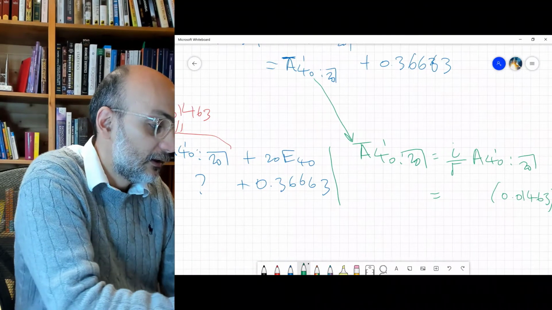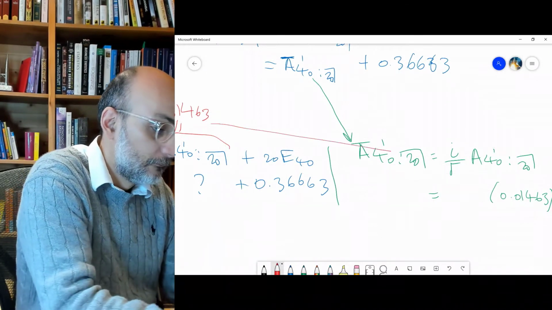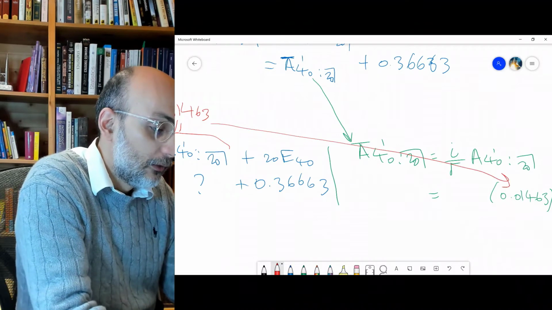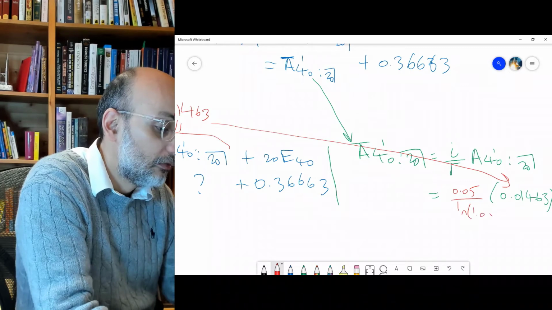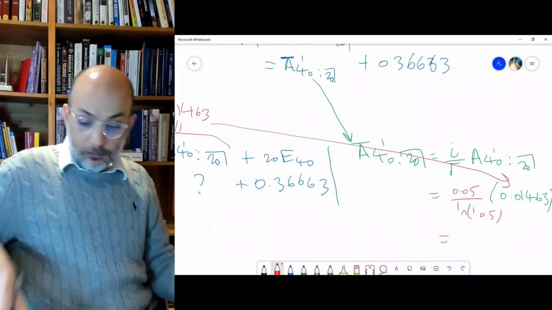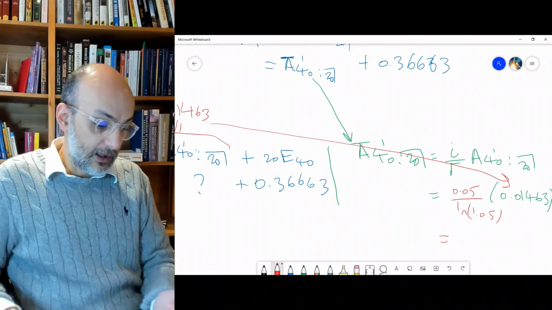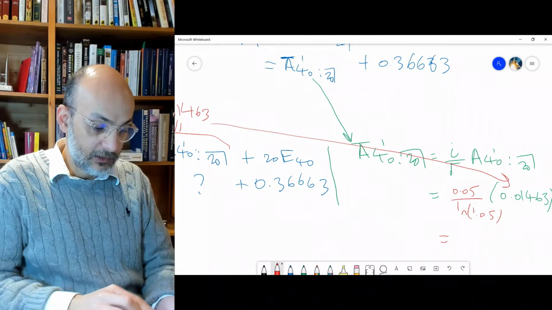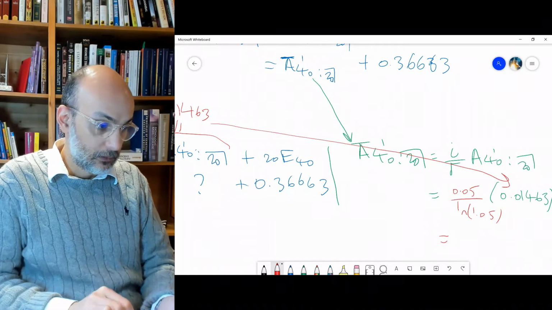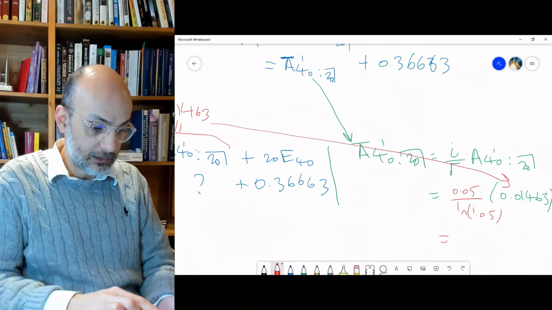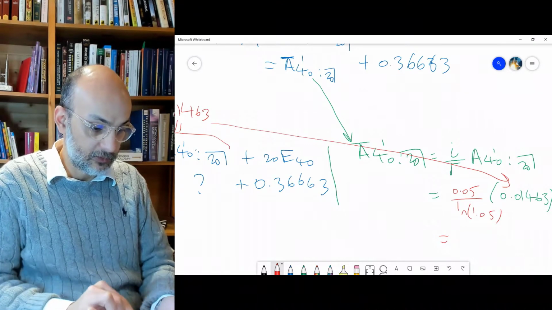We already calculated it from here. Now i is 5% divided by ln 1.05. So let's calculate 0.05 divided by ln 1.05 and then multiply it by our reference 0.04163.